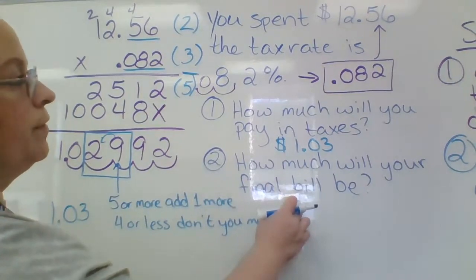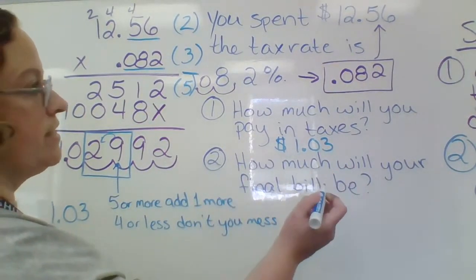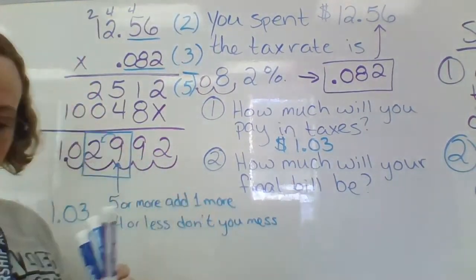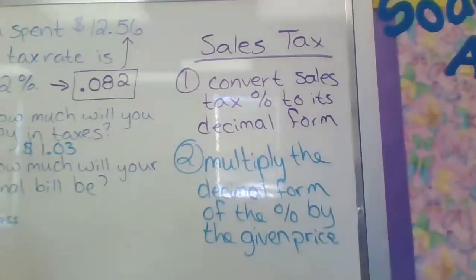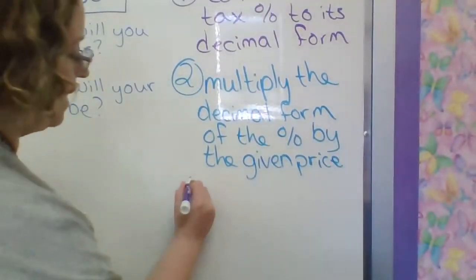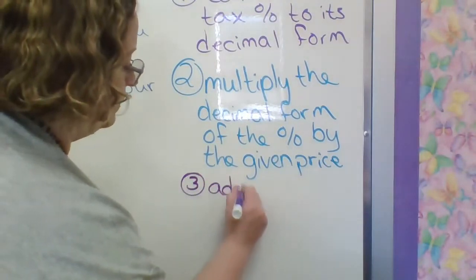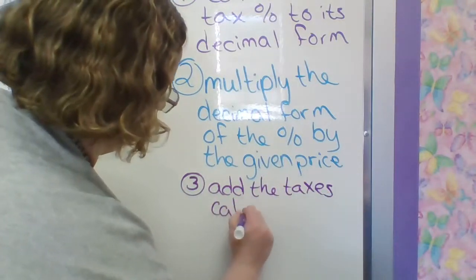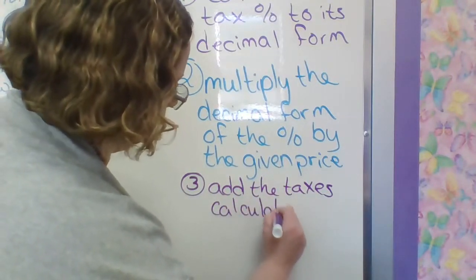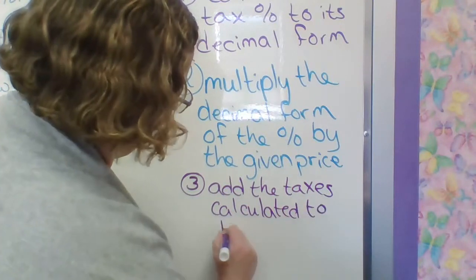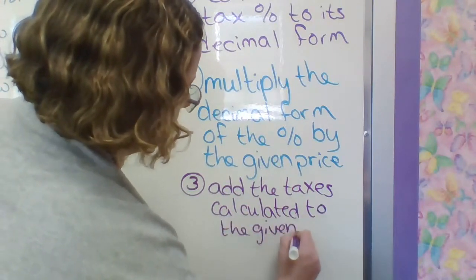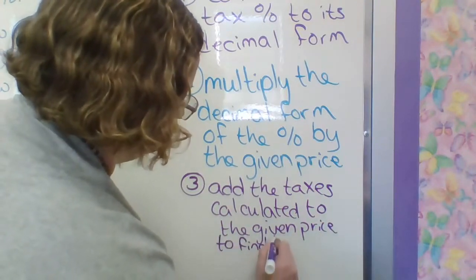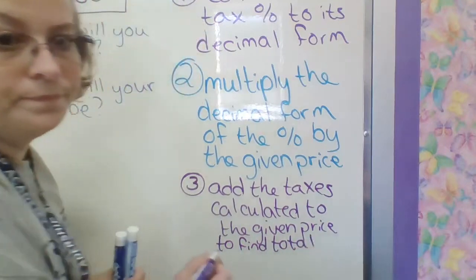Now, how much will my final bill be? Well, that's your third step over here, which I'll just roll you back down. Okay, your third step is you add the taxes calculated to the given price to find the total.